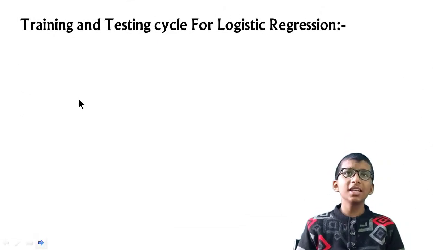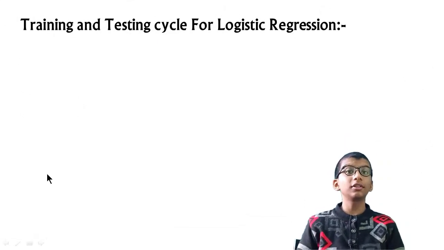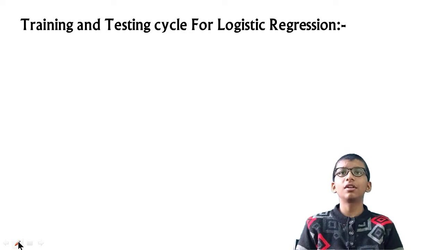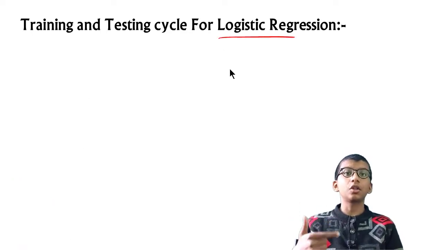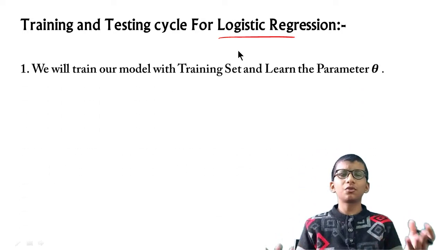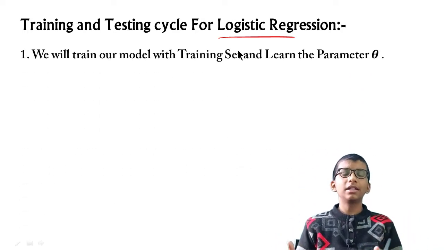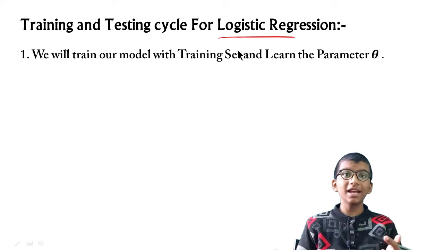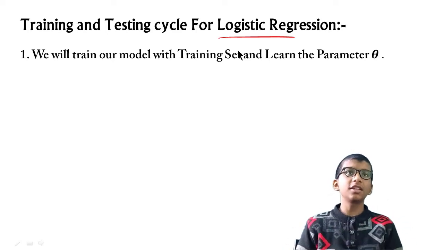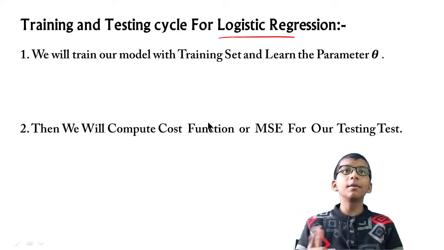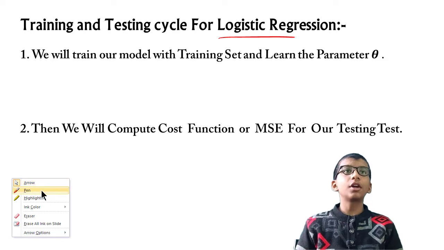And the training and testing cycle for logistic regression is also the same. For logistic regression, it is similar to linear regression. First we train the model: we take h of x, then the cost function, and then optimize the parameter theta, and we get a good parameter theta. Then we compute the cost function for our testing.